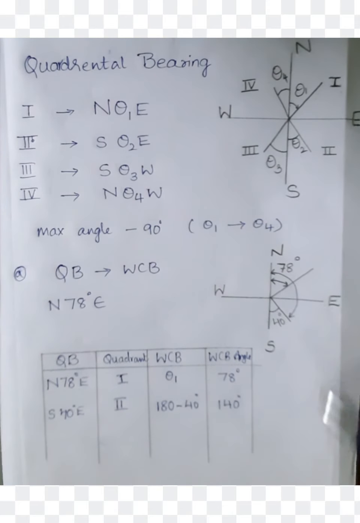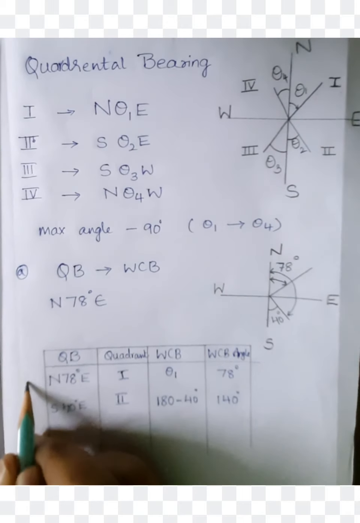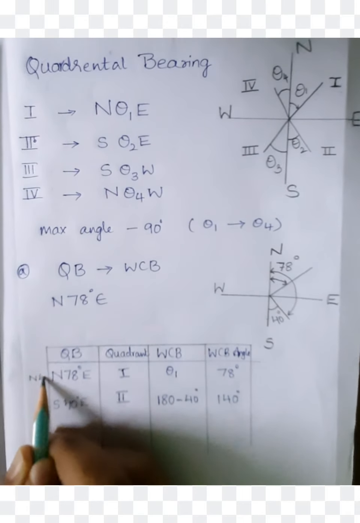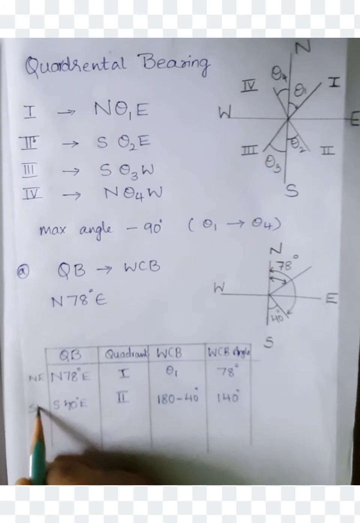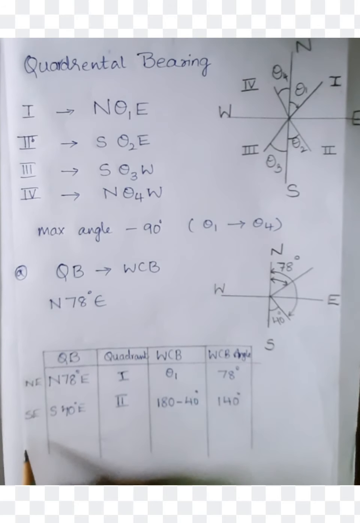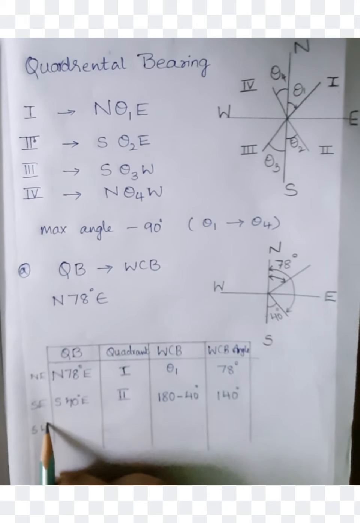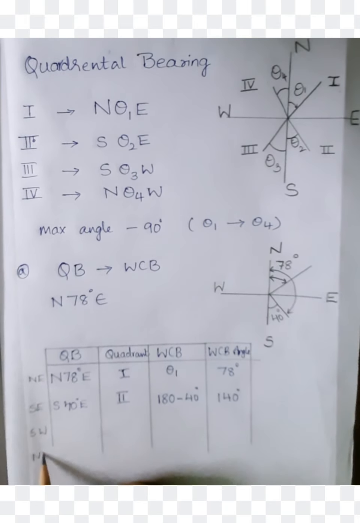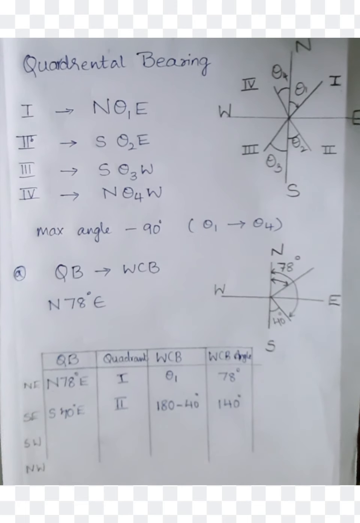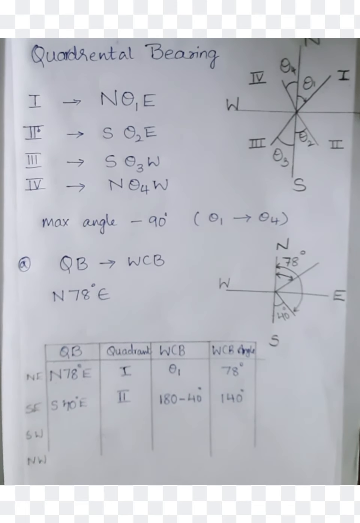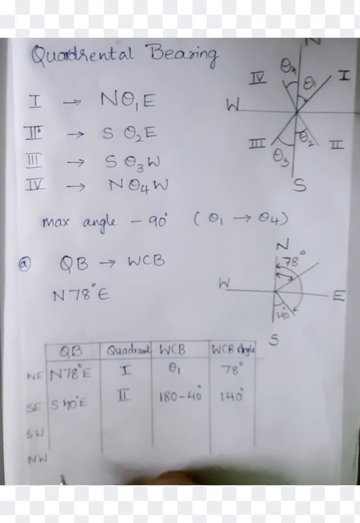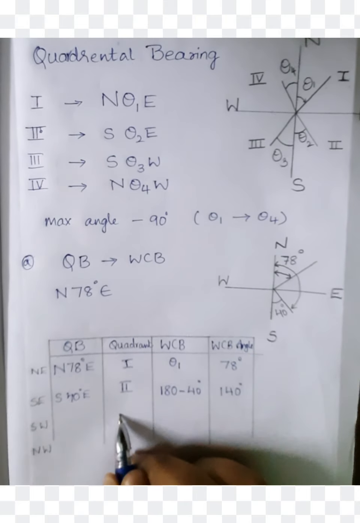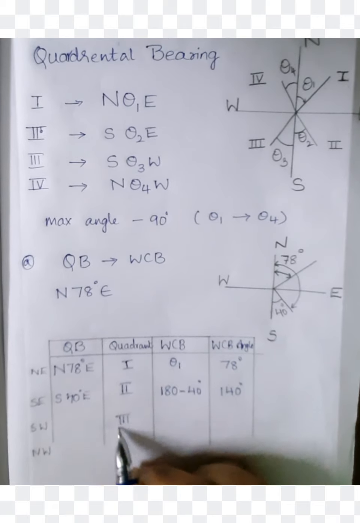In quadrantal bearing you will get NE, SE, SW and NW, depending on directions. Now I have taken another angle, which falls in the third quadrant.